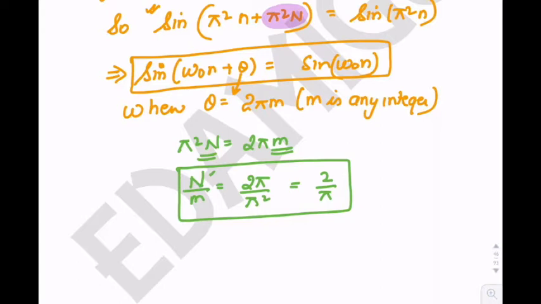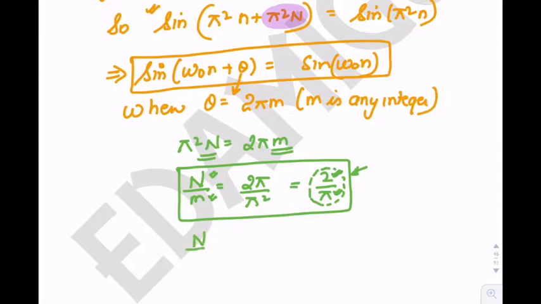Since n is an integer and m is an integer, this ratio should have been equal to an integer upon integer ratio if the signal was periodic. But here we can see that the ratio is not integer upon integer; rather, this is an integer number and this is an irrational number, which is pi.